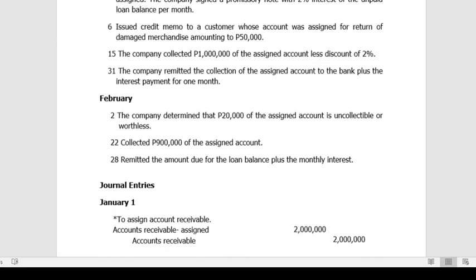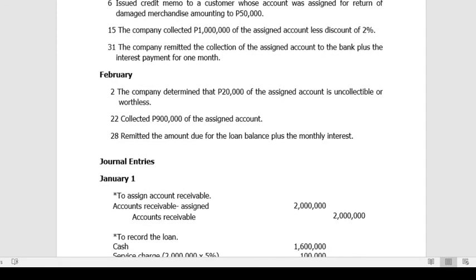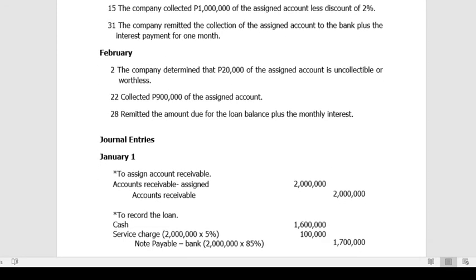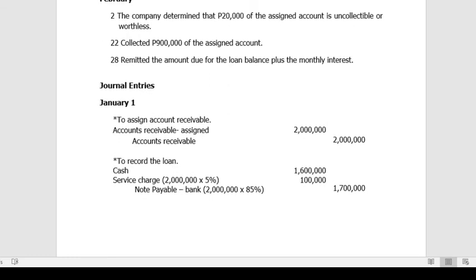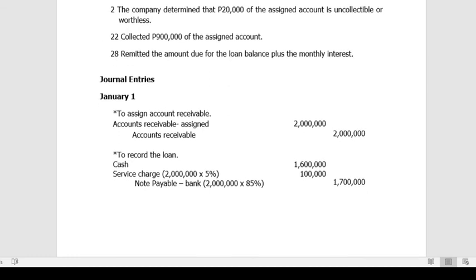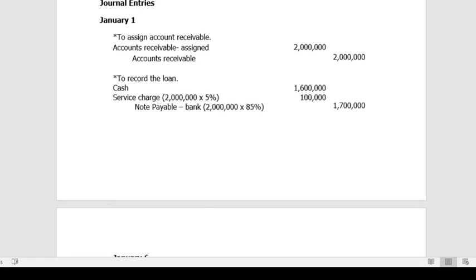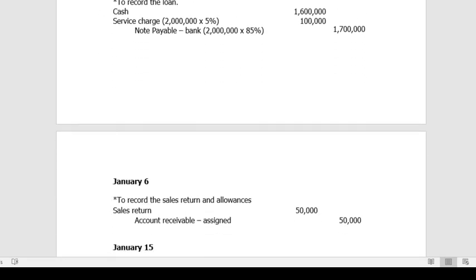How do you recognize? Same lang. Debit accounts receivable assigned 2 million, credit accounts receivable 2 million. When you record the loan, you debit cash 1,600,000, service charge 100,000, note payable 1,700,000.